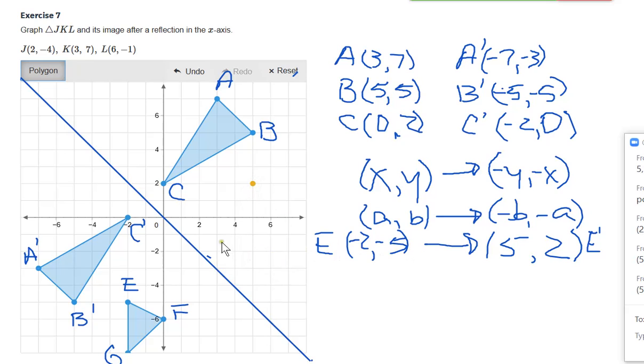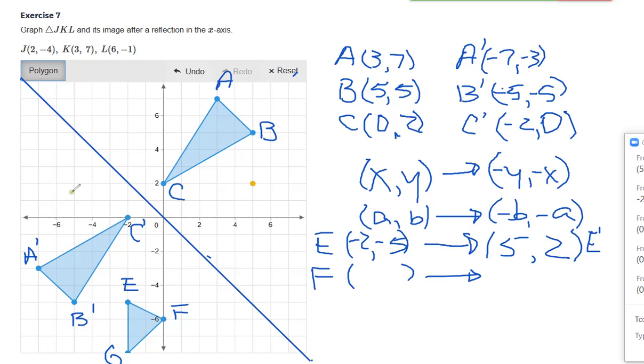I find it helpful to turn my head sideways so that the line of symmetry is going down my nose, and then it makes it easier to see. What's the coordinates of F? Someone give me the coordinates of F. F right here. Yeah, you're right, Melanie.